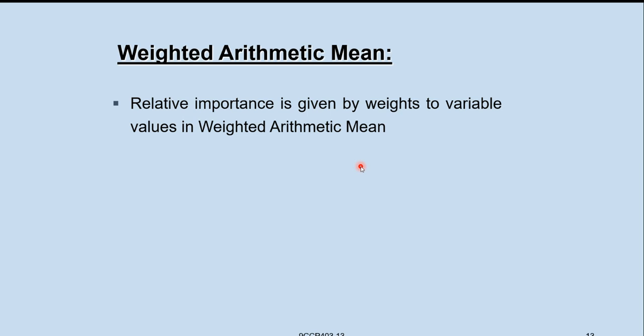That means they are giving more weightage to that and less weightage to the other subjects. That is what weight is. How much important that data is, that is the weight.